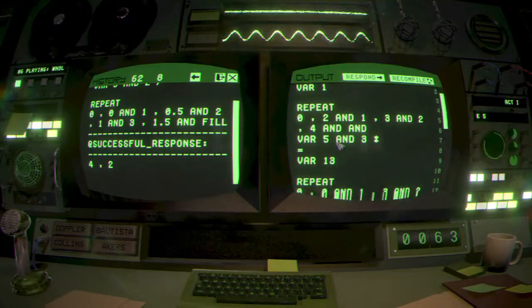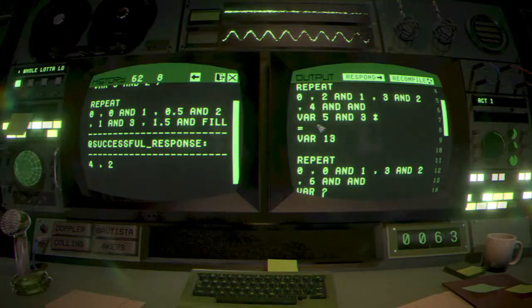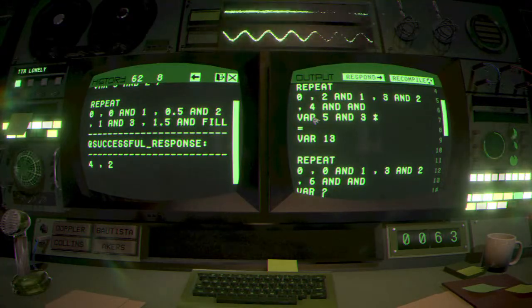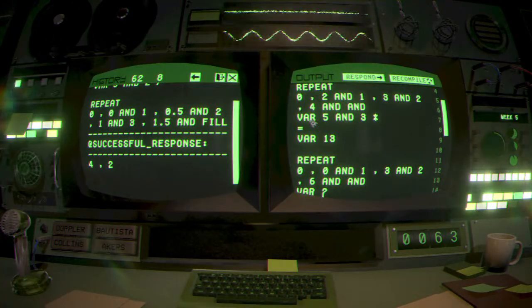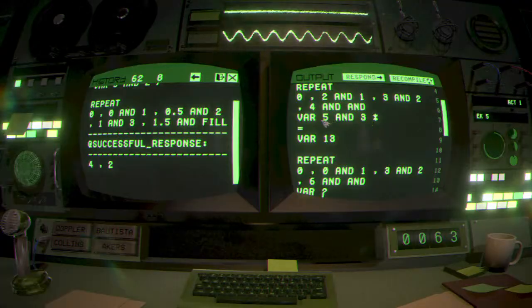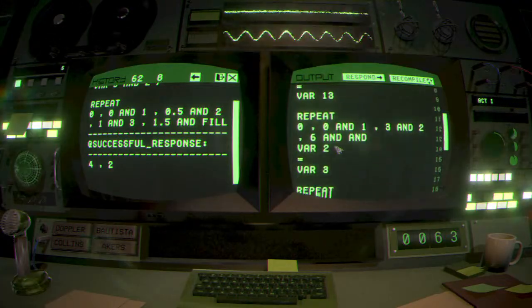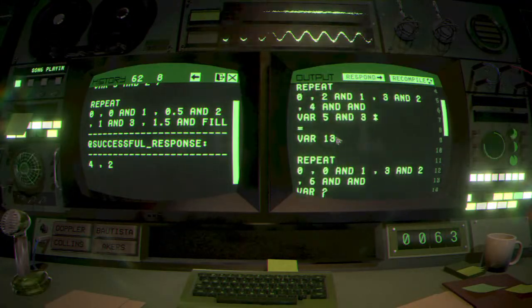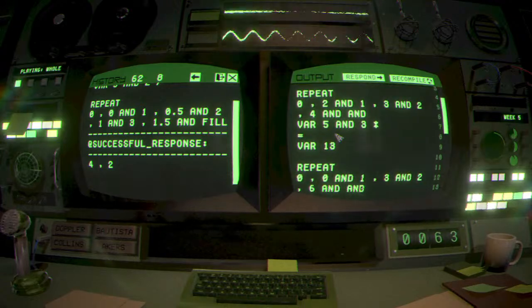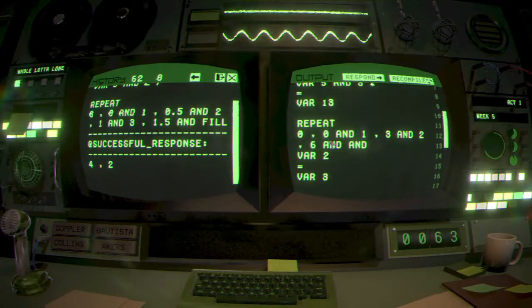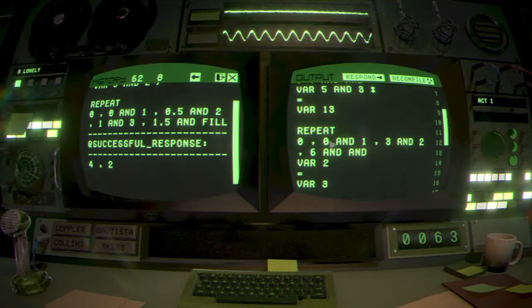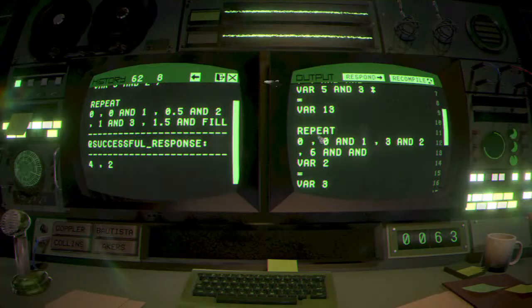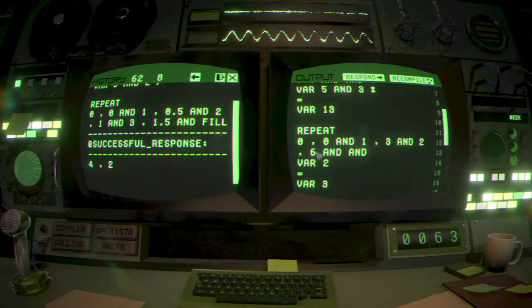I don't know why. But there's variable 5 and 3 multiplied together equals variable 13. And then they want me to apply it here. So it's 0, 0, 1 times 3 is 3, 2 times 3 is 6.